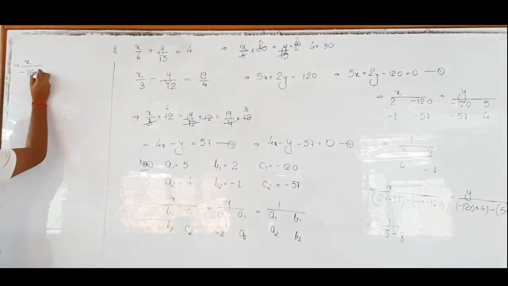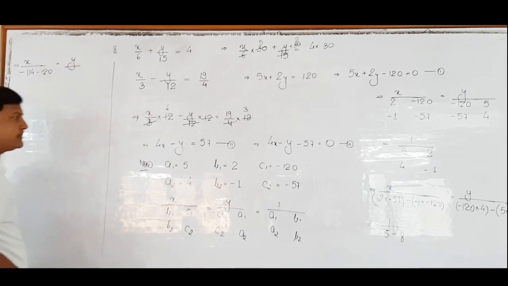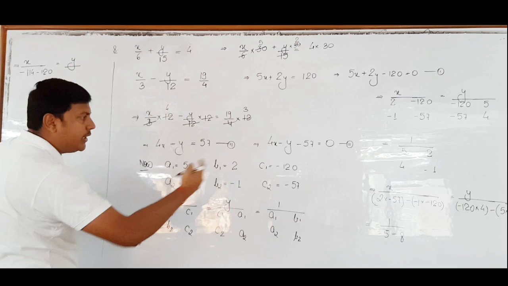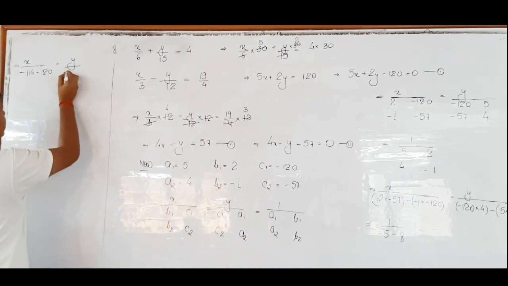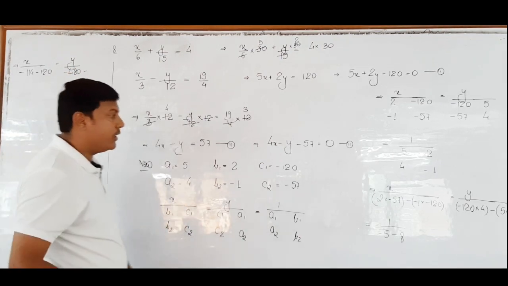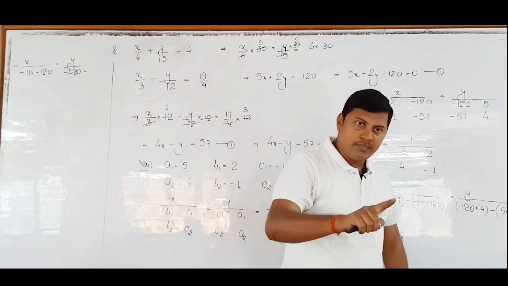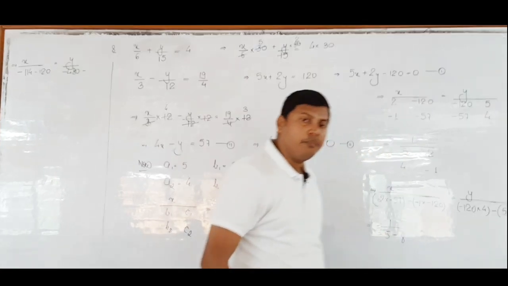So, it's minus 120. Y by minus 120 into 4, it's minus 480, minus plus into minus, it's minus, and minus minus plus.